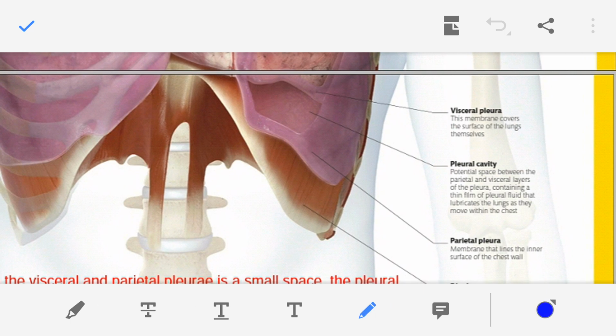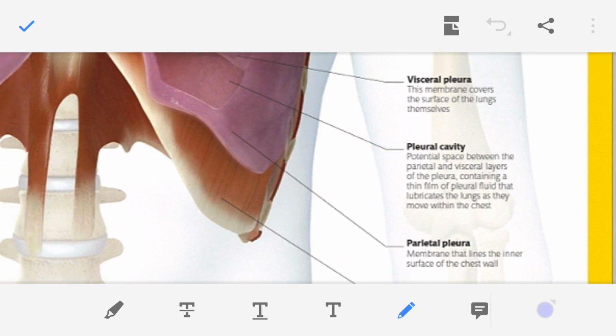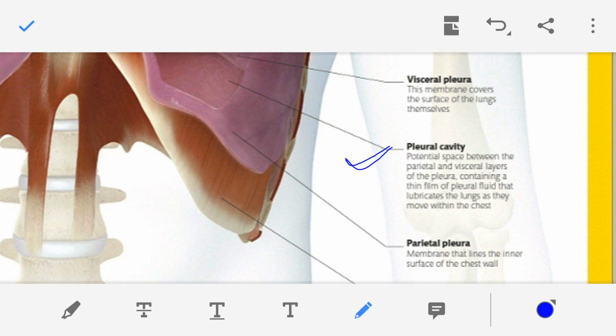Now, between these two pleura, the visceral and the parietal pleura, there is a space. In this figure they have cut off these two pleura and are showing us this part. The part between these two pleura is known as the pleural cavity.